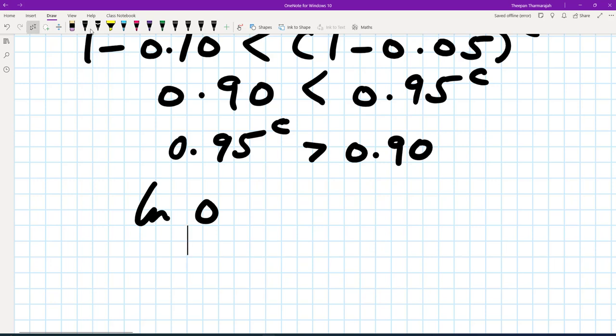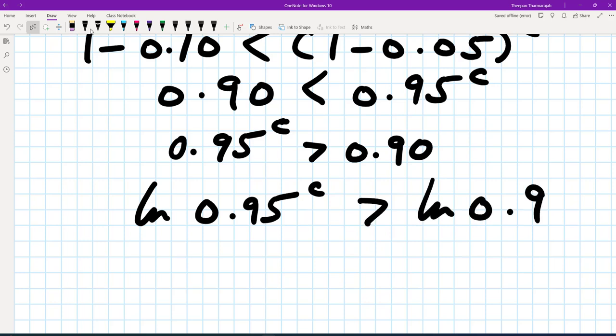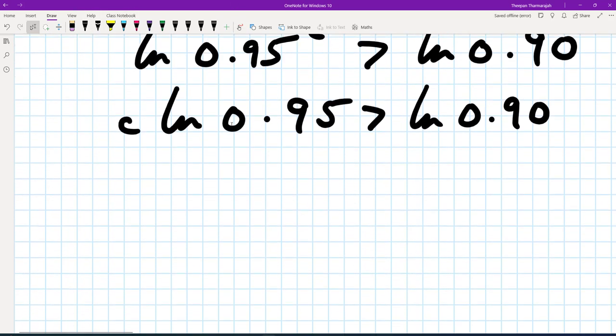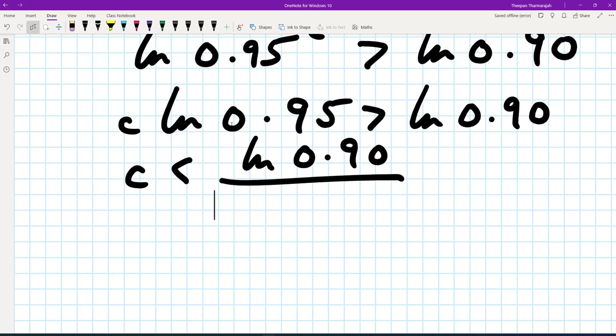So now we get ln 0.95 raised to the power of c is greater than ln 0.90. Bring c down, so c ln 0.95 is strictly greater than ln 0.90. Then we divide by ln 0.95, and don't forget we divided by a negative, so the inequality sign will change.